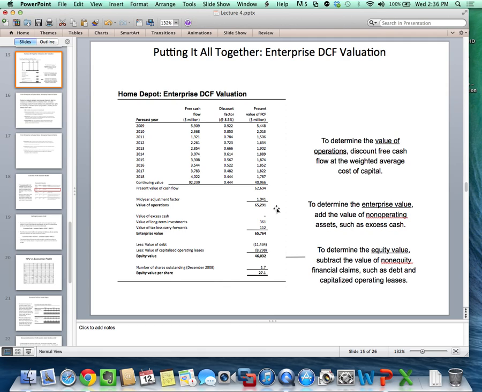A discount rate, present value, takes the cash flow at the end of a period and brings it back to the beginning of the period. So if I forecast for a given year Home Depot's free cash flows, then what I'm really saying is all of that cash flow is generated on December 31st, and I'm putting it to a January 1st value. Well, that's not realistic because Home Depot doesn't generate all of their cash flow on December 31st.